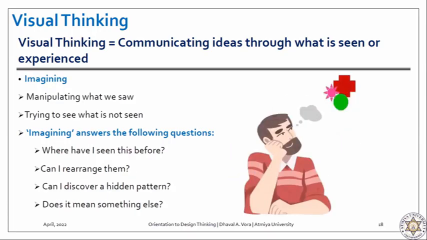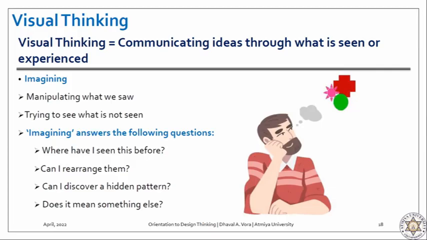Then imagining. Manipulating what we saw, and trying to see what is not seen. So two things you can do. One is you can manipulate, meaning you can reframe what you have seen, as I discussed in one example with you, that of the petrol pump and food chain.